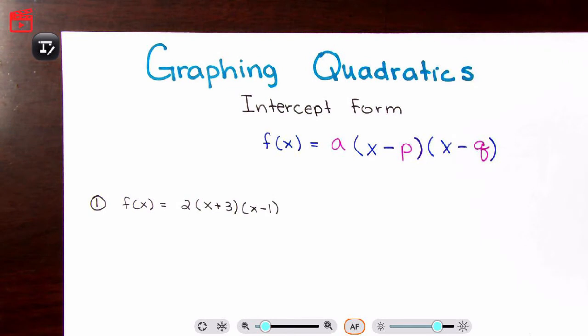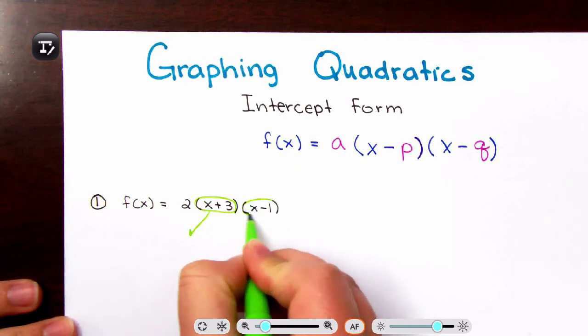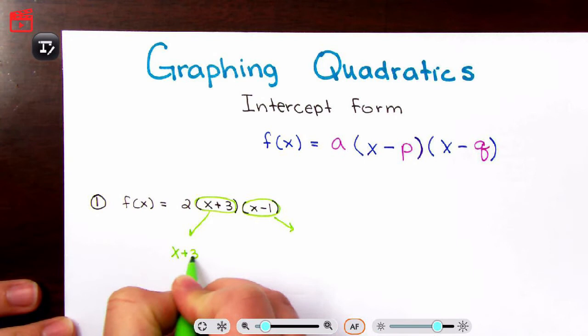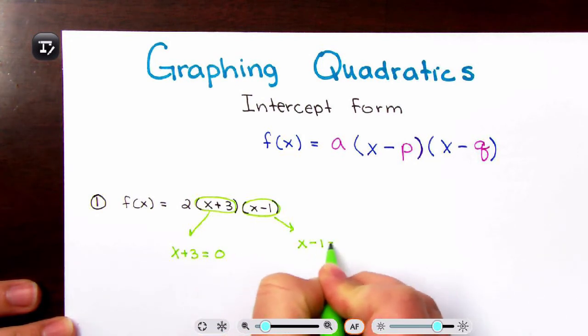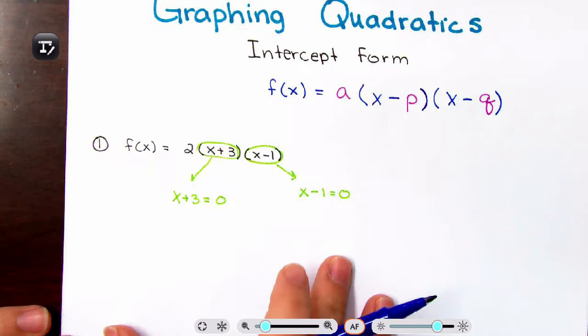Step number one is to find your x-intercept. So to find your x-intercepts, if you're in my class, you do not need to show me work for this, but what you're doing is you're taking each bubble. There's one bubble here, there's one bubble here, and you are setting each bubble equal to 0. Again, you'll notice there's going to be a pattern to it, which is going to be opposite of what you see.